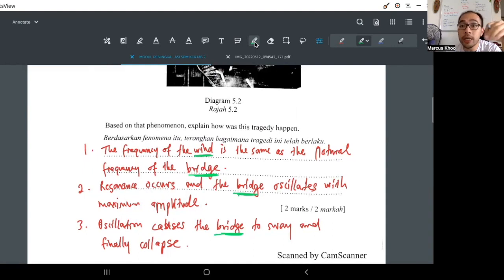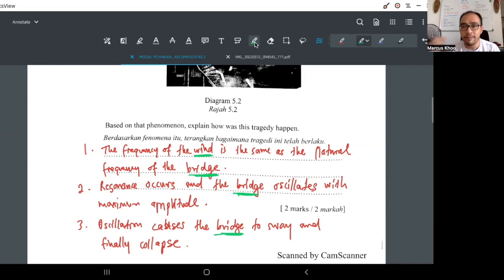Another possible question is the one where the soldiers are marching on the bridge, and as they are marching, the bridge collapses. A very funny story, but apparently it happened before. If they ask you to explain this, you can use the same explanation. The frequency of the marching, what is marching?